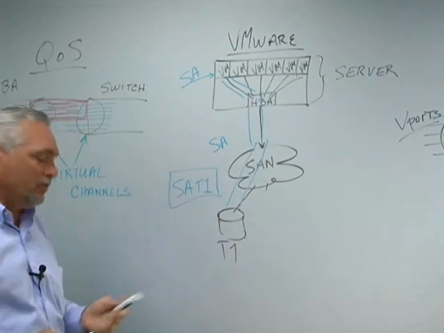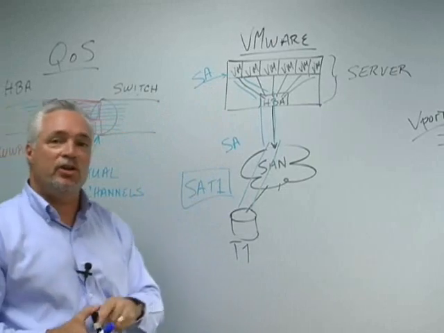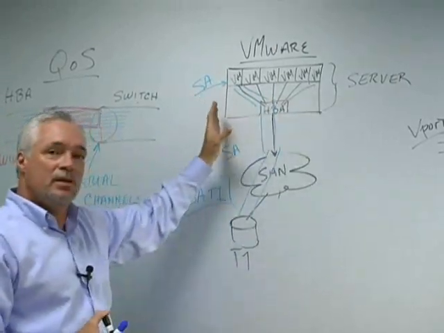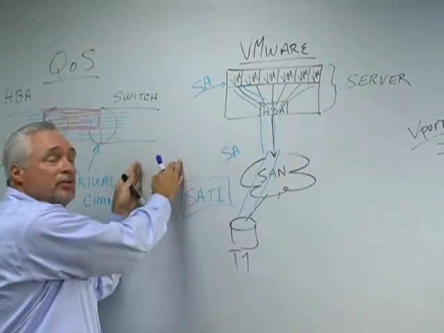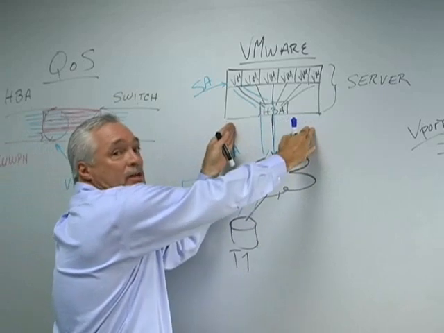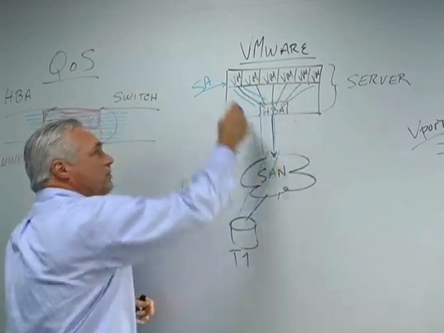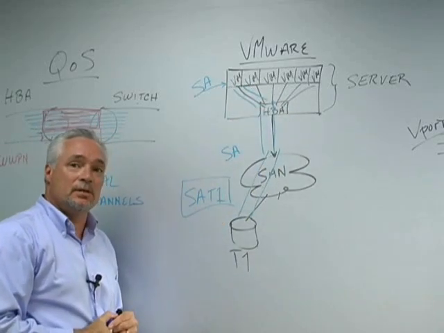So let's take this a step further. This is where we come in. Say, for example, I want to put Exchange up there. I put Exchange in this virtual environment, and it doesn't run so well anymore. It used to run pretty good while it was separate over here by itself, but I put it up here now in a virtualized environment. When I do that, all these other guys are vying for the same HBA bandwidth at the same time.